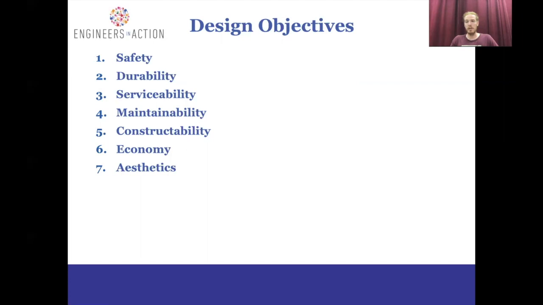We don't want these bridges to be outlandishly expensive, but it's lower on our list because some of these other design objectives take priority. And lastly, aesthetics. Aside from the engineering aesthetics that come with a footbridge, we don't put a whole lot of thought or design objectives into the aesthetics as we might in a custom home or another piece of architecture.